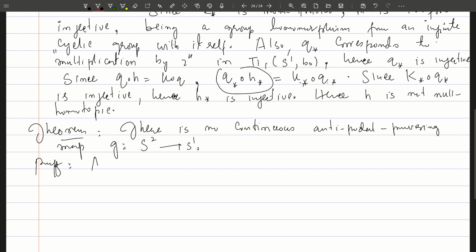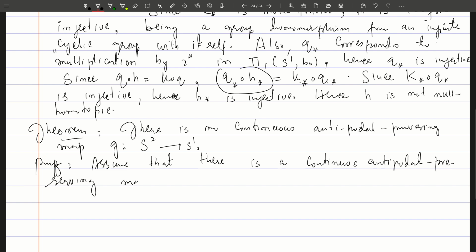So assume on the contrary that there is a continuous antipodal preserving map G from S2 to S1. So let us take S1 to be the equator of S2.